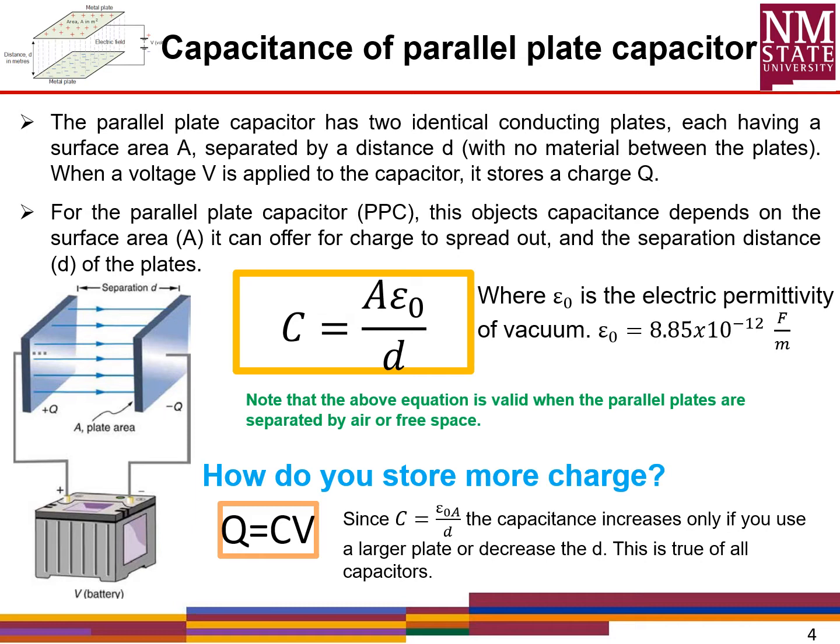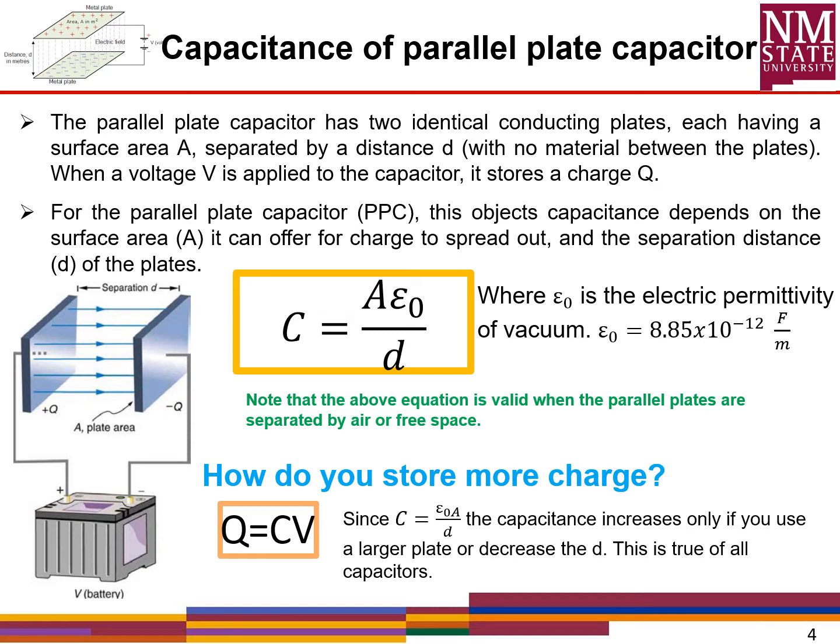So I need to increase capital C. If you want to increase capital C, we have two options. One is capital A. If you increase capital A, C will increase because they are directly proportional. The other way is small d. If you decrease small d, then C will increase because C and d are inversely proportional.